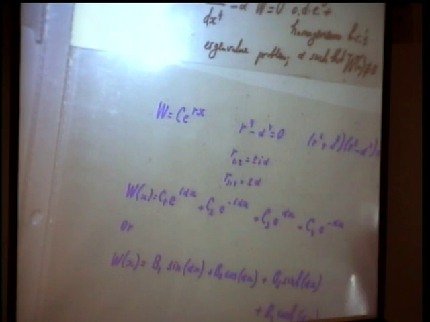Now these C's are called constants of integration, and as the name suggests, constants are not variable because they are constants. Yeah, look, please.